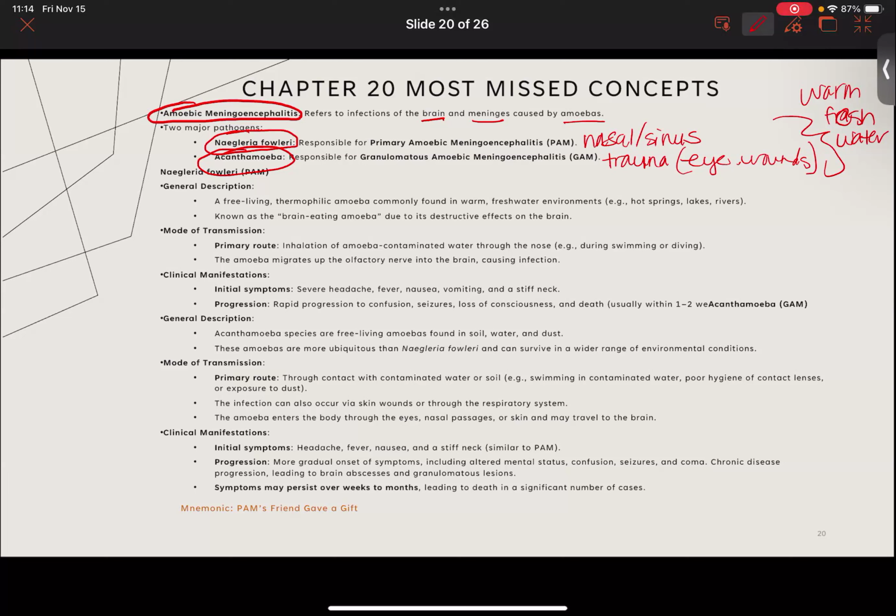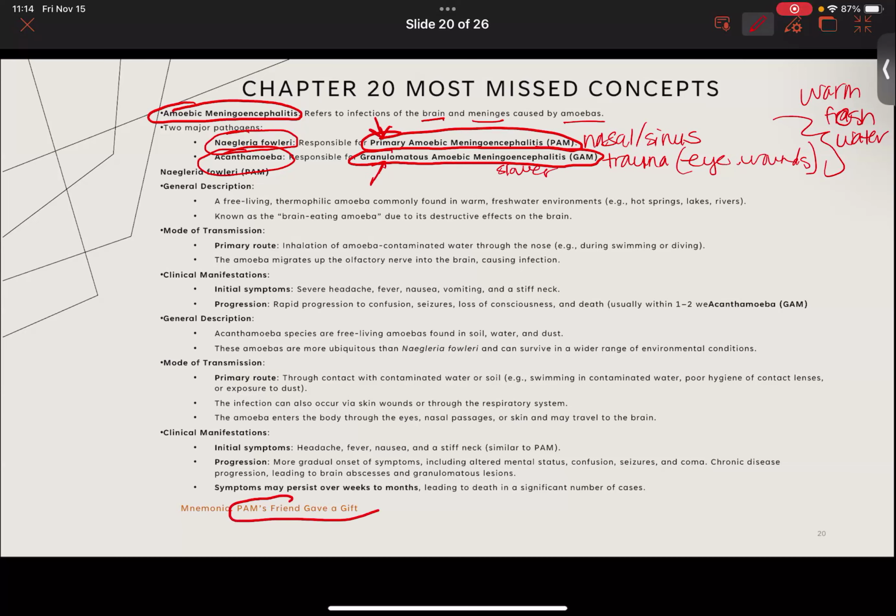So Naegleria fowleri is associated with PAM, which is primary amoebic. And then Acanthamoeba is associated with GAM, which is granulomatous. It's a little bit slower, but not by a lot, and they're both about 97% fatality rate.